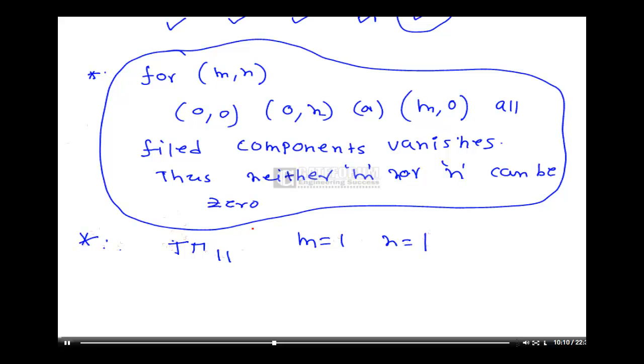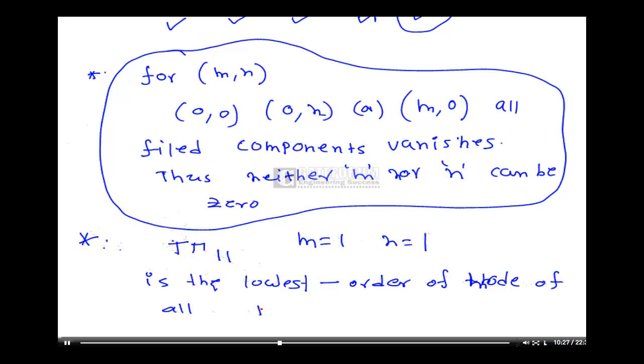Okay. So TM11 is the lowest order mode of all TMmn modes, which is a very important point.